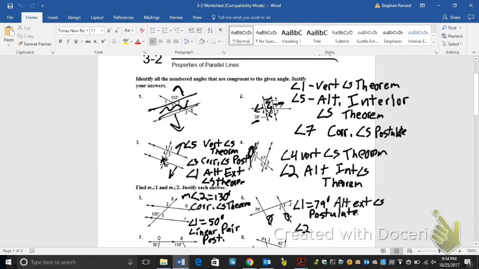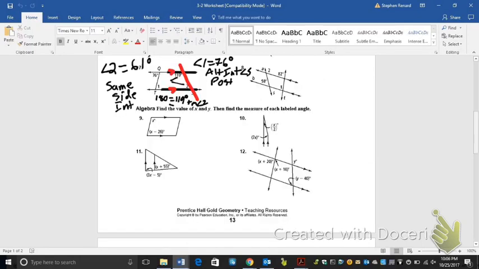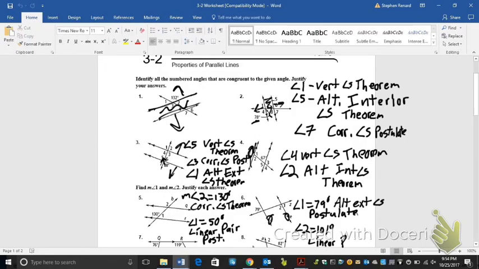And so what we want to do is take that 79 degrees and match it up with, so we know that angle 1 and angle 2 are a linear pair. So we know that angle 2 has to equal 101 degrees because we simply go 180 minus 79 and it gets 101.